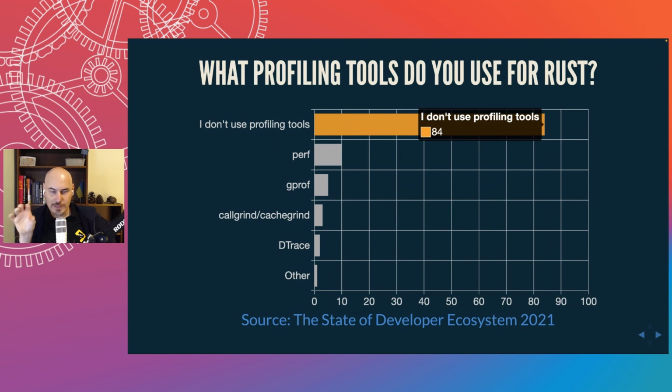I will give you several pieces of advice, but they're very simple and you can apply them and your code will be better, and you don't have to work hard to do all that. But profiling tools are not very popular among Rust developers. So let's discuss why. Maybe all those people just don't know what profiling is.